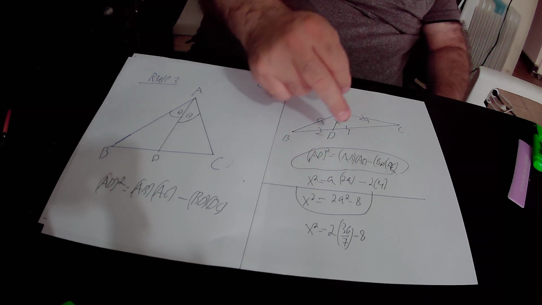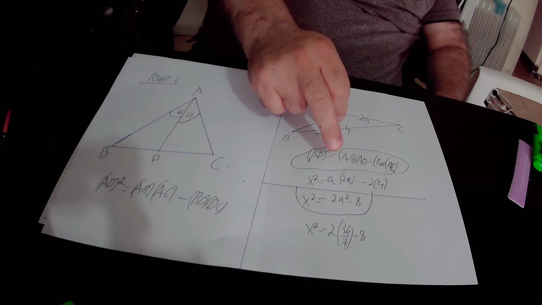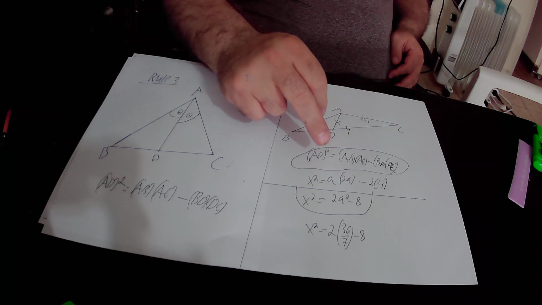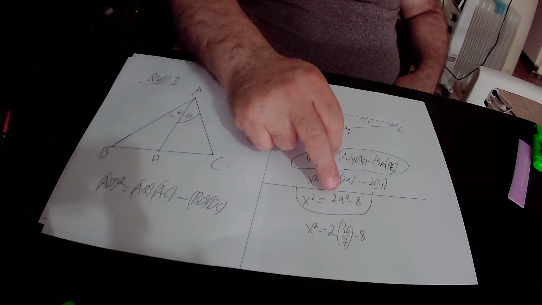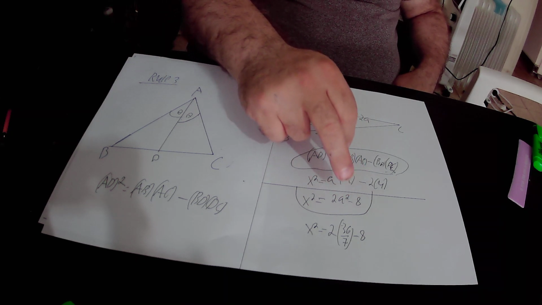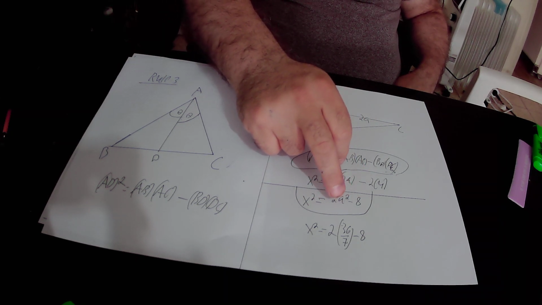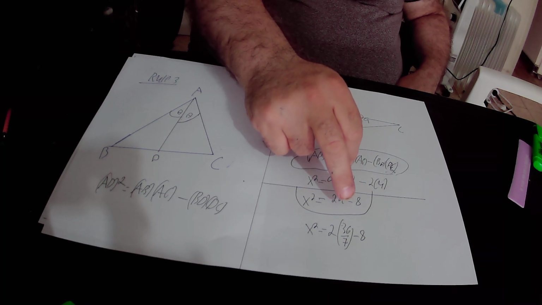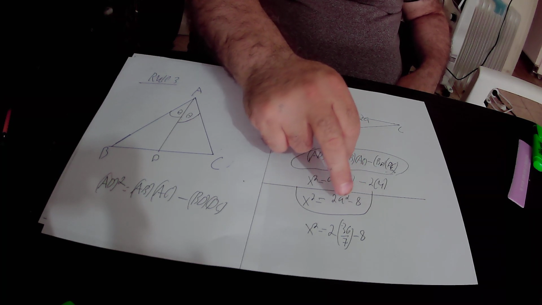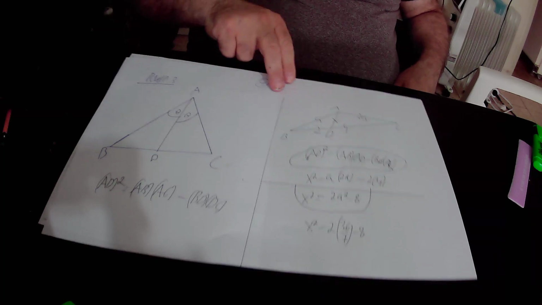And we already found out that a squared equals 36 over 7. So we substituted a squared by 36 over 7 and found that x squared equals 2 times 36 over 7 minus 8. 2 times 36 is 72. And then we multiplied 8 by 7, and then we divided by 7 in order to have a common denominator with this expression.